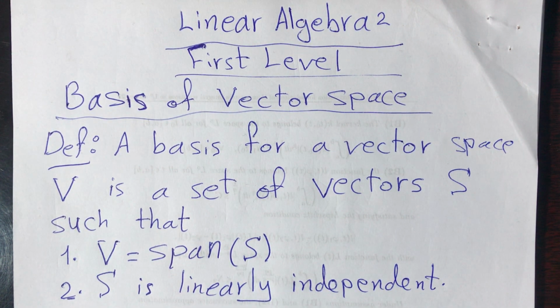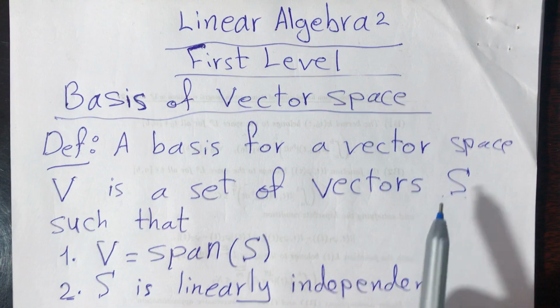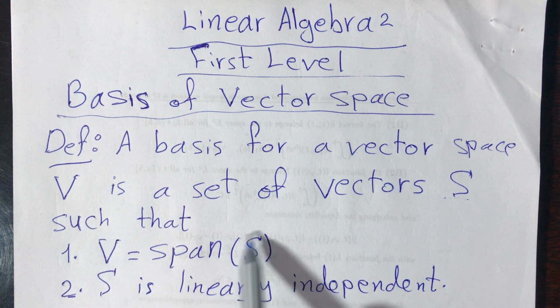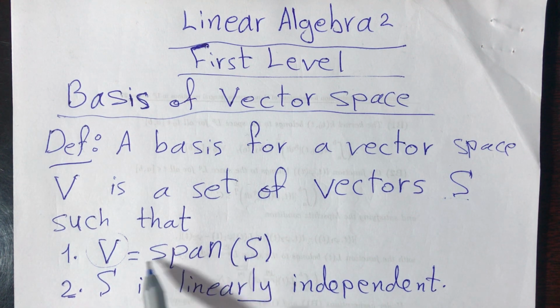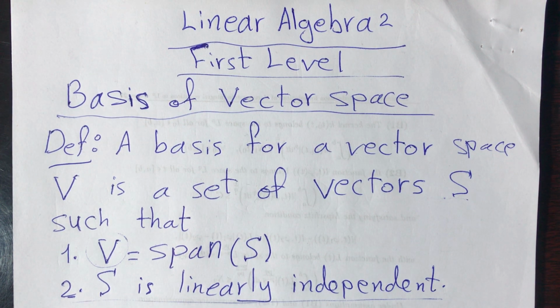You know, if a set of vectors satisfies these two conditions, the first condition, V equals span S, that means this S spans all vectors in V. يولد in Arabic, S تولد all vectors in V. And also the second condition, S is linearly independent. You know from the previous lecture what that means.